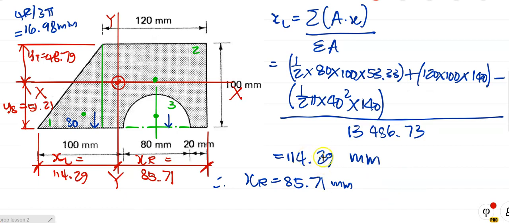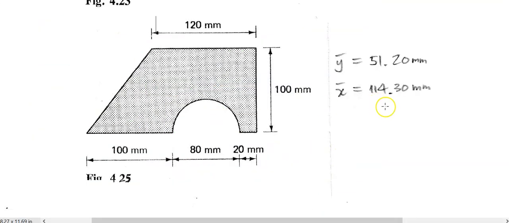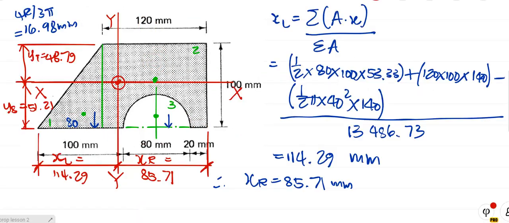Some of you last year, I think those of you working, and you got the answers, and you said, sir, but I get other answers. Yes, you can. When you have an asymmetrical section like this, you can get two sets of x bar, y bar. Why? Because x left, x right. If you work from that point down there, you're going to get that as a distance and that as a distance.